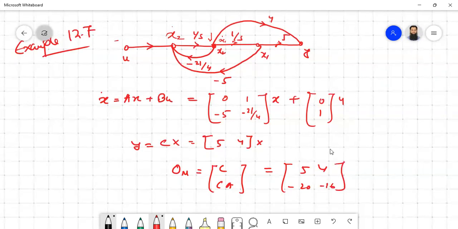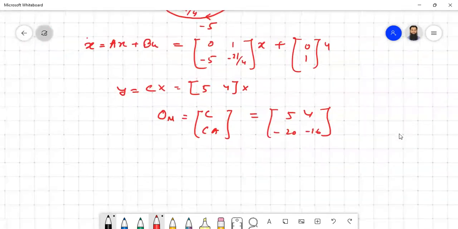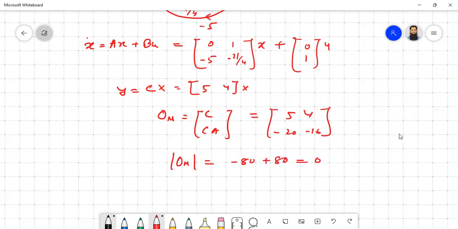Now this is the observability matrix. If you find the determinant of the observability matrix, what you're going to see is that it will be minus 80 plus 80, so 0, singular.